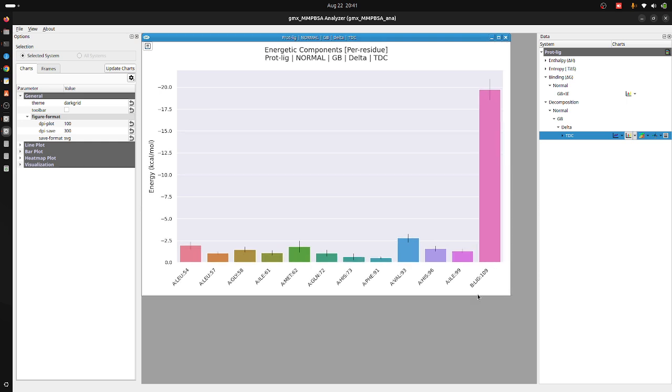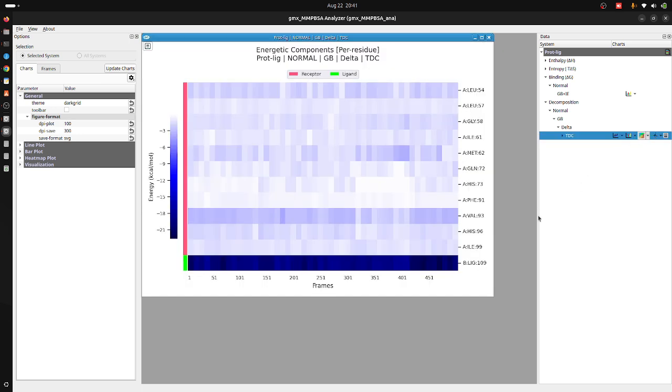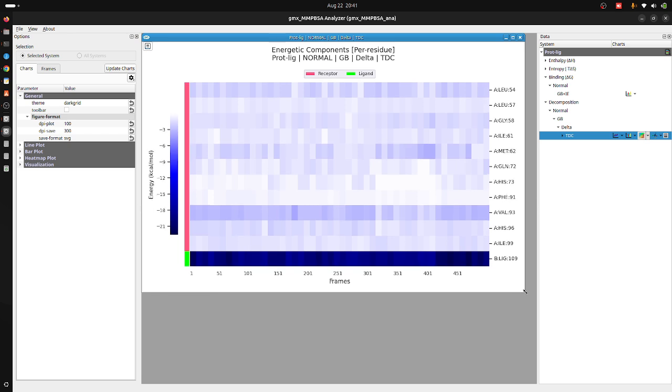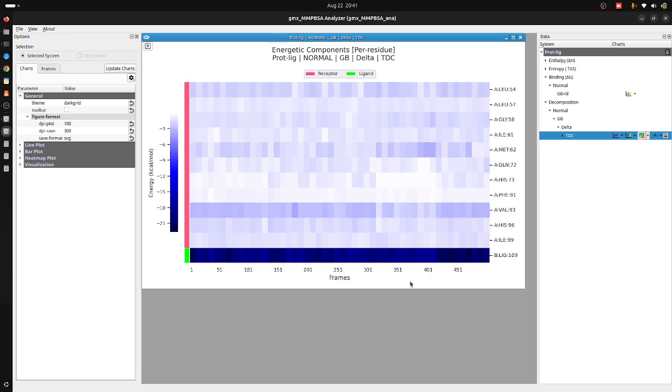And the decomposition is the interaction diagram, which shows which amino acid interacts more with our ligand molecule, right? There's valine 93, leucine 54, methionine 62, with the energy. And this is the energy diagram of our protein ligand complex system.